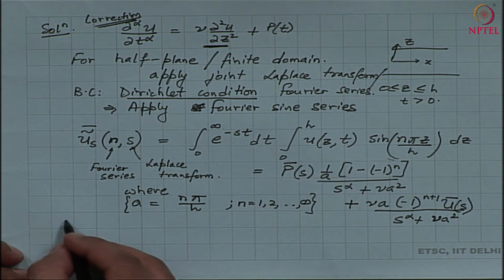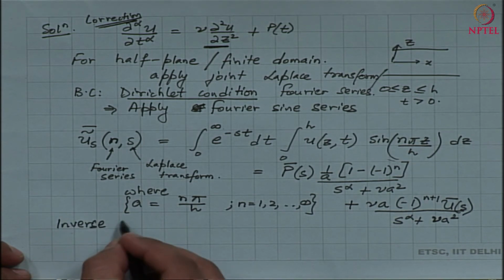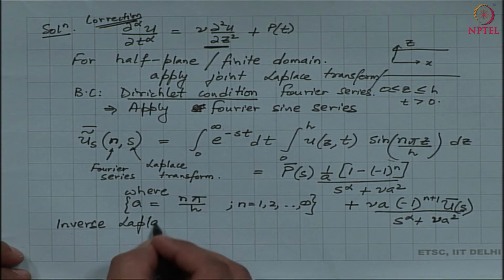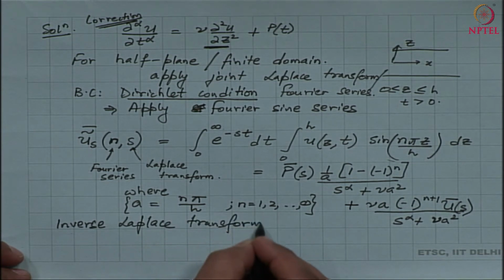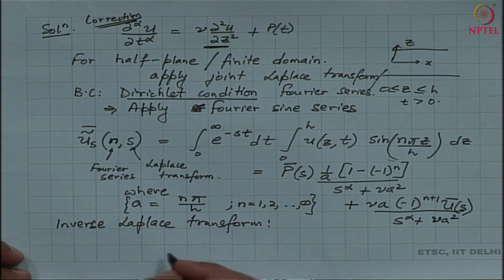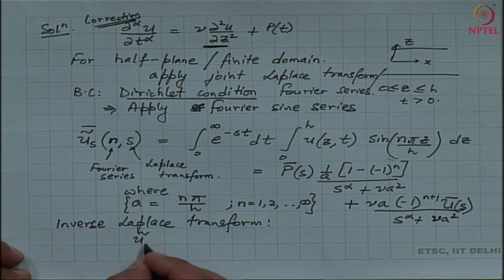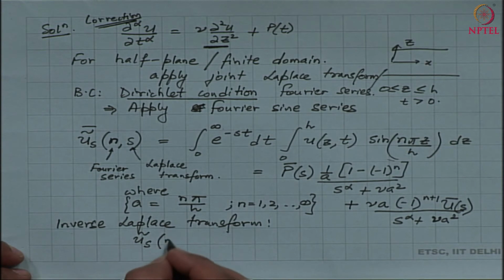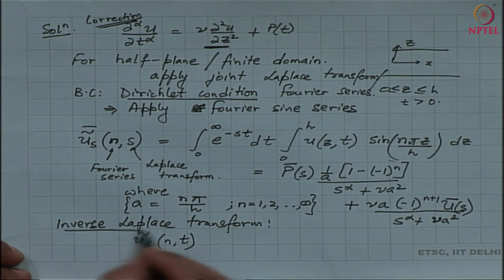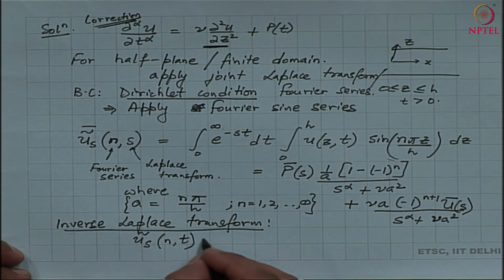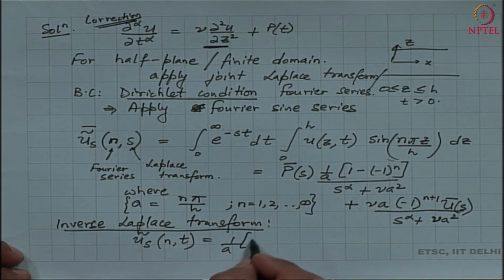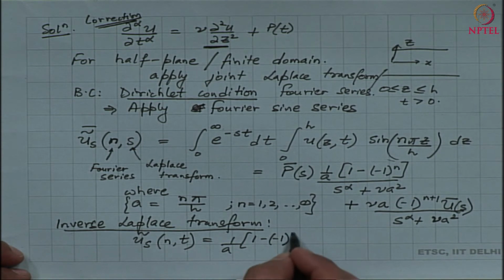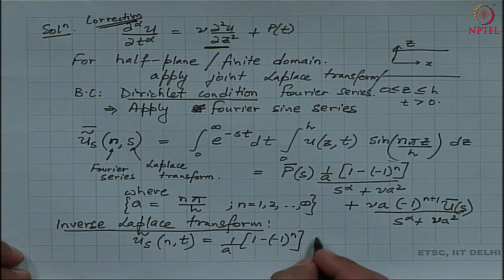Okay. So, I have already applied the Fourier and Laplace transforms, so let us now invert the solution by applying the inverse Laplace transform. I get my solution in the Fourier space, u tilde of n comma t. This is going to be the factor taken out, 1 by a times 1 minus negative 1 to the power n, times an integral.